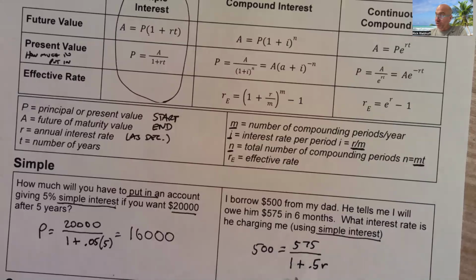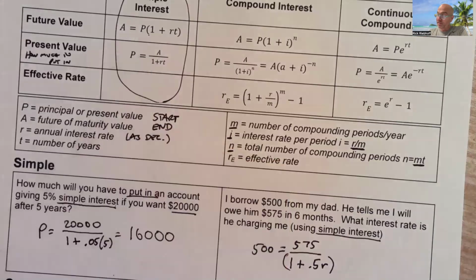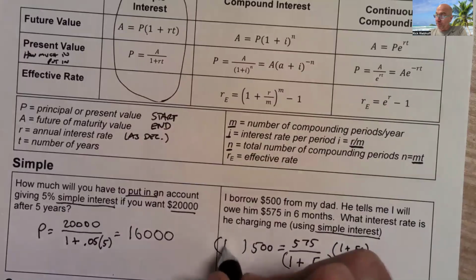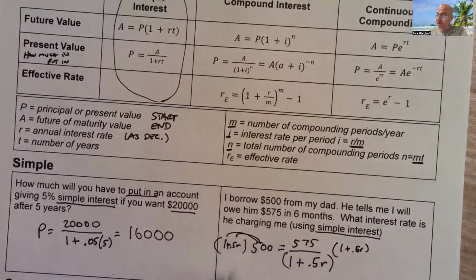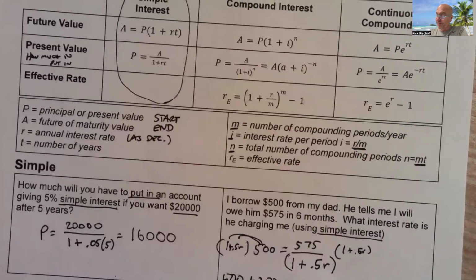Okay. I'm going to multiply both sides by the denominator. I could have used this one, might have been a little easier, but that's okay. Multiply both sides by 1 plus 0.5r. Then I'm going to distribute here. So that's going to be 500 plus half of that, 250, times r, is equal to 575.